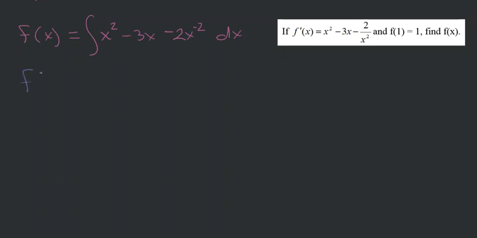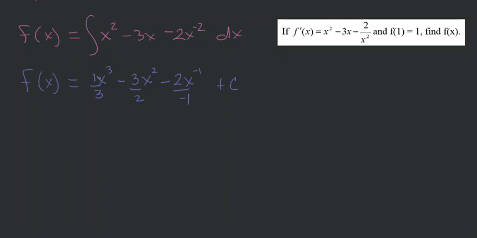So f of x equals, now we need to integrate this: that's going to be x to the third with a 1 over 3 in front, we divide by 3, minus 3x squared divided by 2, minus 2x to the, this negative 2 increased by 1 becomes negative 1, divided by negative 1, plus c.